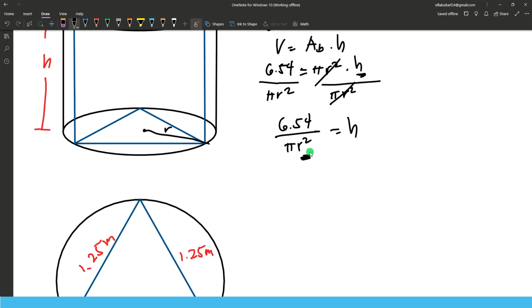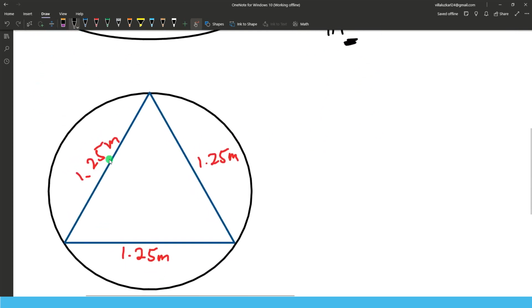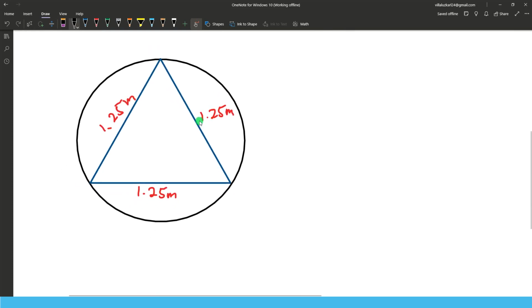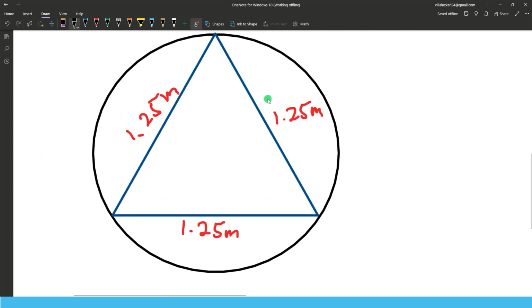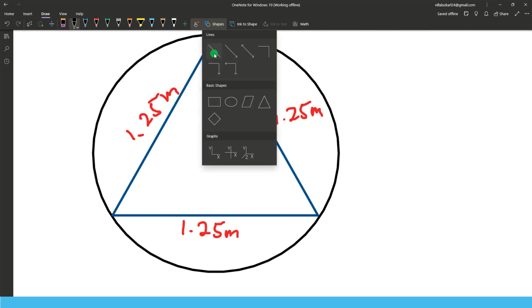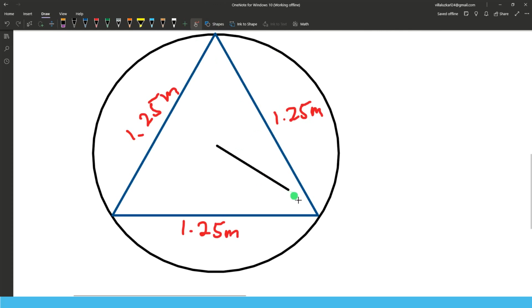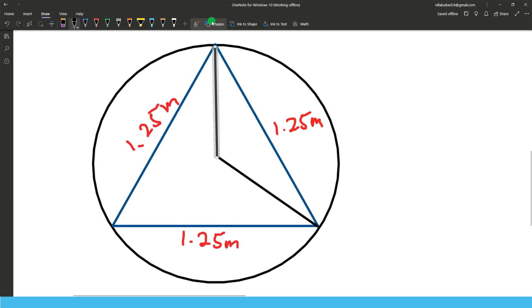To determine r, let's proceed with the circumscribing circle on an equilateral triangle, the base of the two solids. If you have a circumscribing circle along a triangle, the distances from the center to the vertices are equal, and that is the radius of the circumscribing circle.